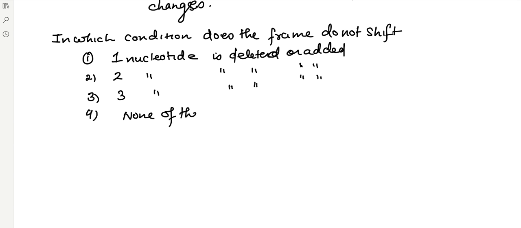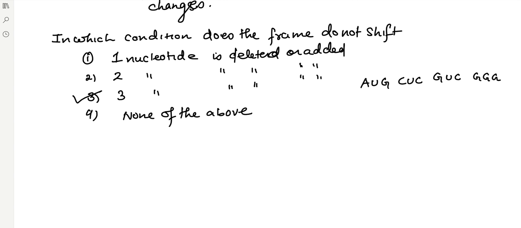Out of this, in which condition will the frame not shift? The answer will be when three nucleotides are added or deleted. For example, AUG, CUC, GUC, GGG.